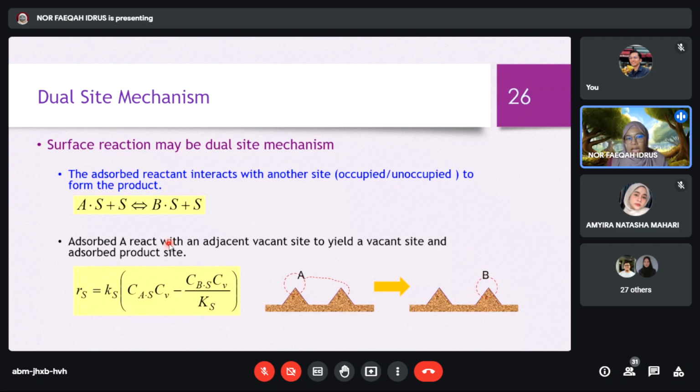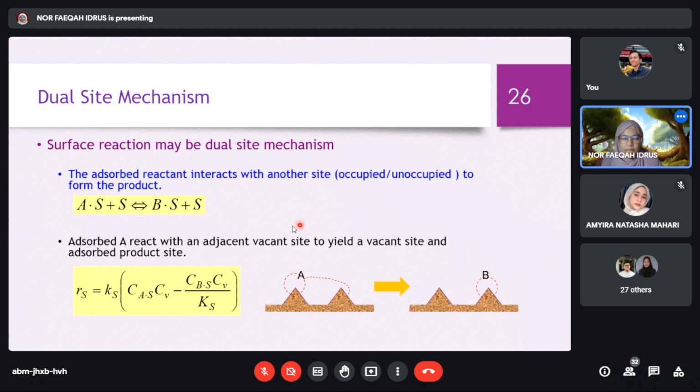Okay, and then the adsorbed A reacts with an adjacent vacant site to yield a vacant site and an adsorbed product site. So we want to balance the equation, that's why both right and left must have S. And we need another vacant site because the product itself will be produced at another vacant site.